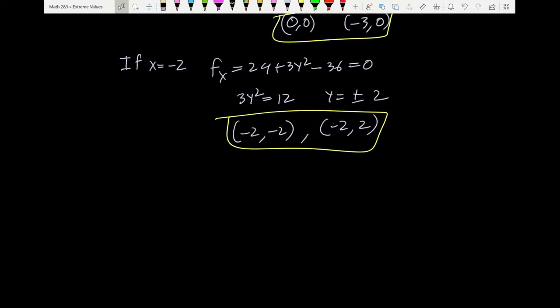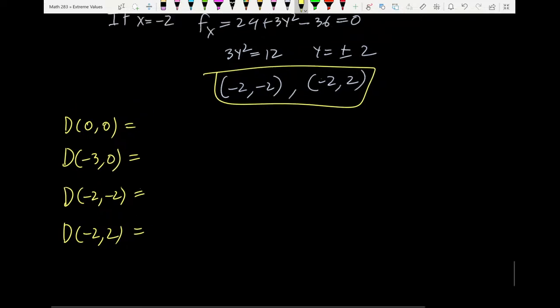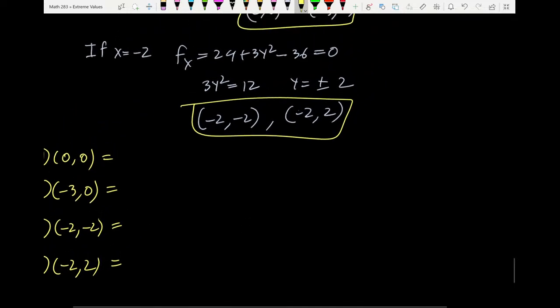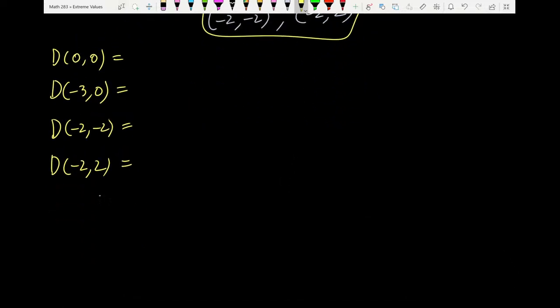We're going to look at d of 0, 0, d of negative 3, 0, d of negative 2, 2, and d of negative 2, negative 2. Before we do that, what is d then in this case?